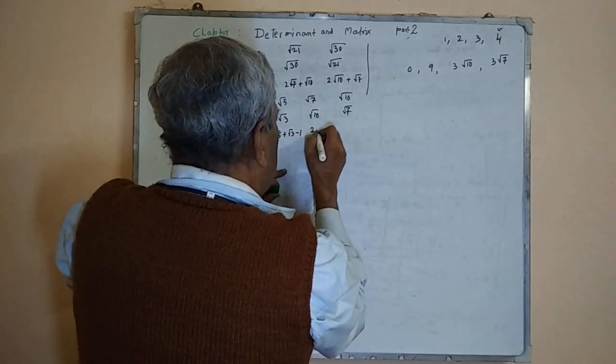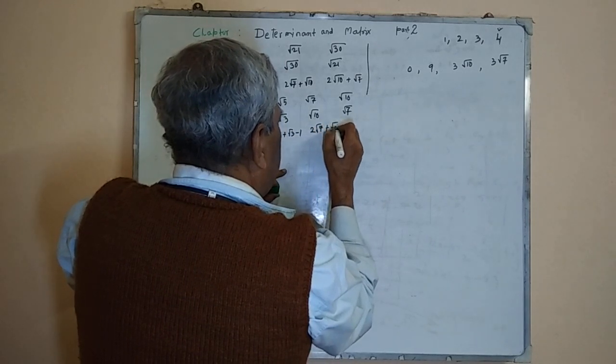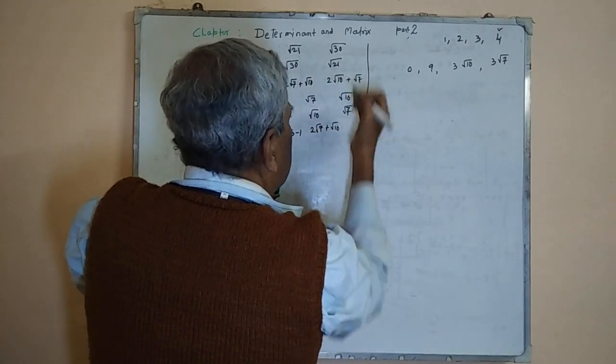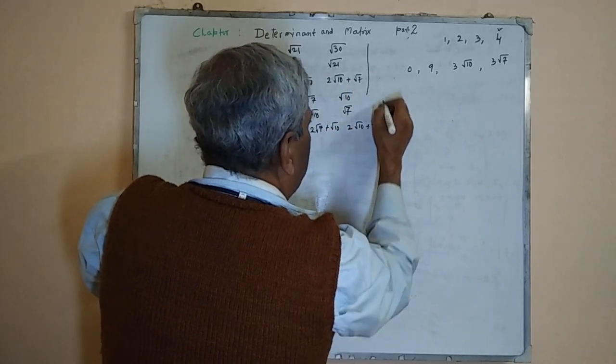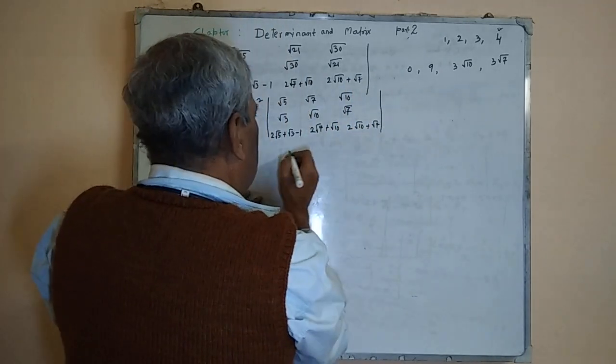This is 2 root 7 plus root 10, and this is 2 root 10 plus root 7, is equal to.